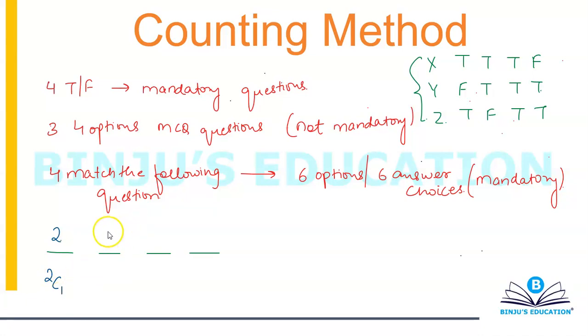For the second question, again 2 ways, or 2C1. Third, again 2C1. Fourth, again 2C1. Now you want to mark the first and second and third and fourth because all 4 questions are mandatory, and 'and' stands for multiplication. This will give you a total of 16 ways.